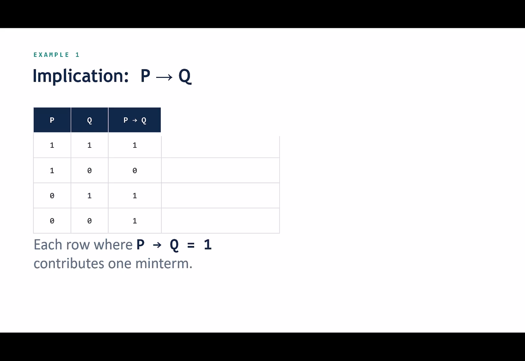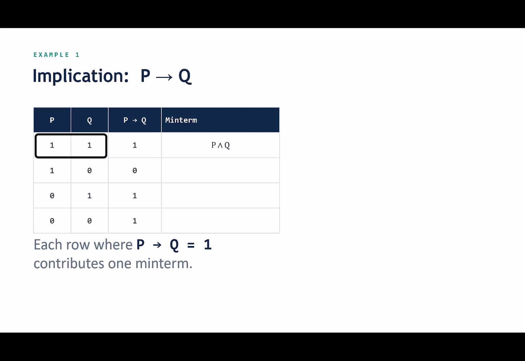Now we want to look for every row where P implies Q is equal to 1. Each of these rows contributes one minterm to our expression. So we'll have minterms for the first, third, and fourth rows. In the first row, we can see P and Q were both true, so we write P and Q. We're going to skip the second row because it's false. In the third row, we have 0, 1.